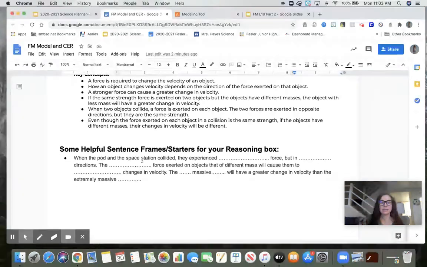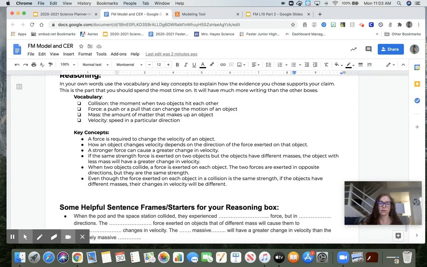And here are actual reasoning sentence frames, because there's multiple sentences here. This is how I would answer it, and then I just blanked out a bunch of the stuff that you should be able to fill in. If it doesn't make sense to you, then write your own. Make sure it is detailed though.